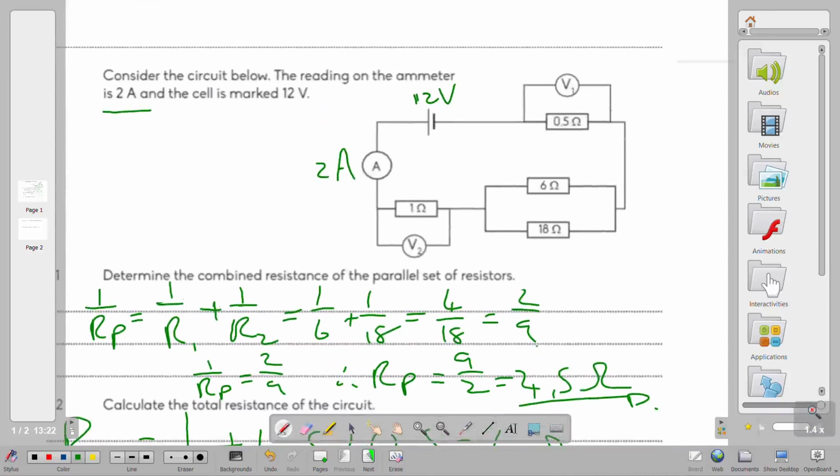What did we just calculate? We calculated that the potential difference here over both of them is 9 volts. Well, that means that the potential difference over one of them and the other one also is 9 volts. That's one of the properties of parallel resistors. So now we can go calculate the current flowing through my 18 ohm. Alright, I hope that makes sense to you. You must follow along. Right?